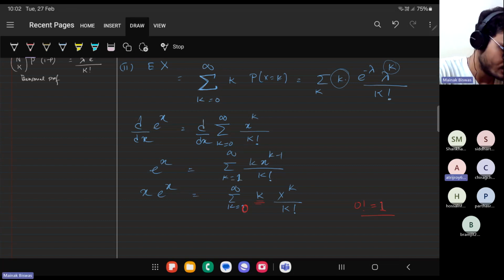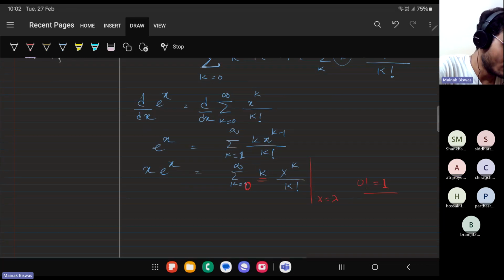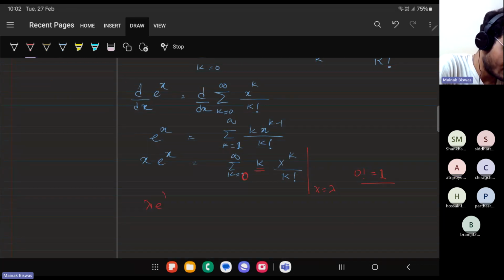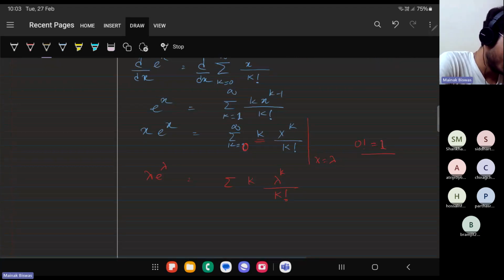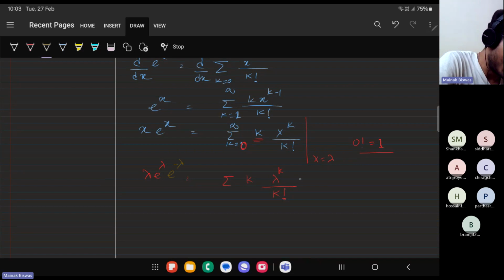Yes, so we are going for lambda, so x equals lambda. Very good. Now you will put x equal to lambda: lambda e to the power lambda is equal to the sum of k lambda to the power k by k factorial. And then in our question we had this normalizing term e to the power minus lambda multiplied on both sides. So do you see lambda is the expected value?